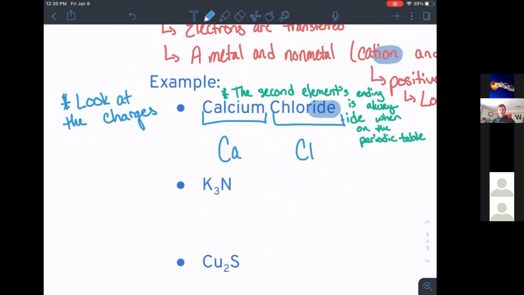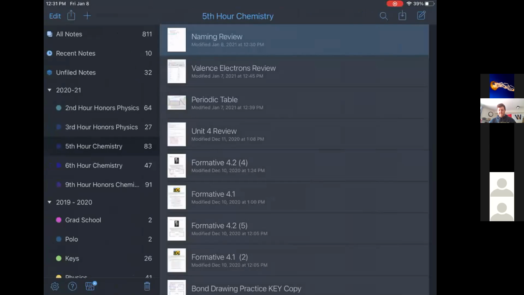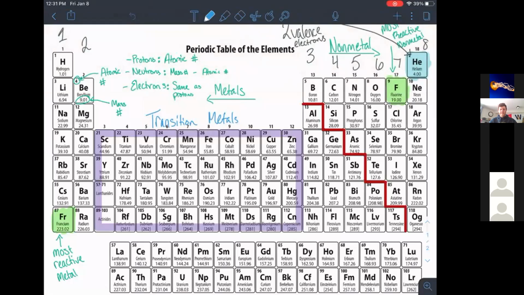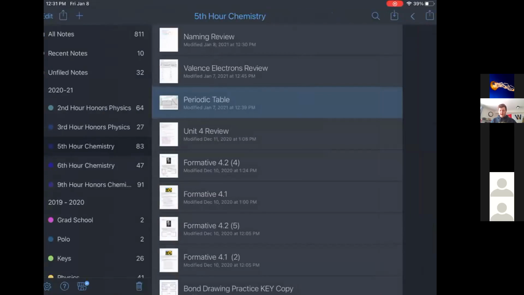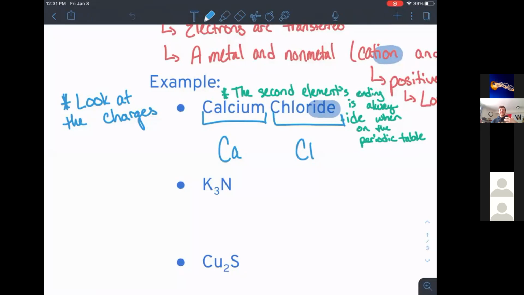Calcium has how many valence electrons to start with? Two. Perfect. It has 2 valence electrons, which means if it wants to get to 8, are we going to have a positive 2, a negative 2, a positive 6, a negative 6? Are we gaining or losing electrons, and how many?